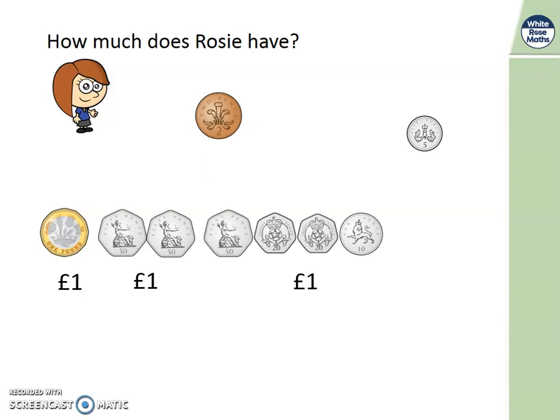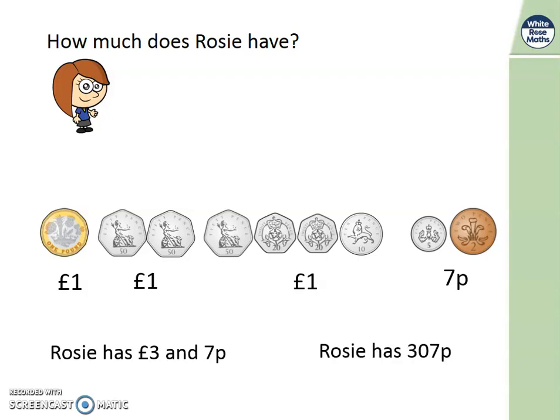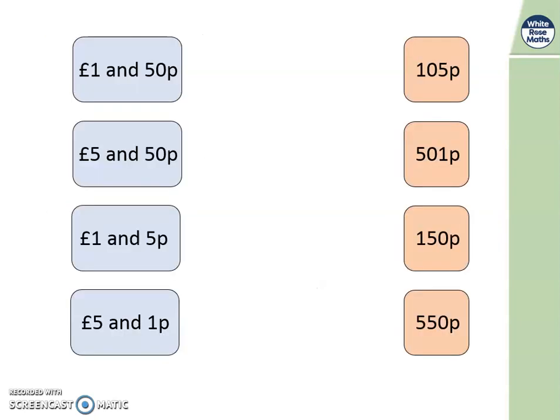We know that makes a pound. And what is left? Put them in order. We have 5 and 2 makes 7p. So altogether, Rosie has £3 and 7p, or 307p.